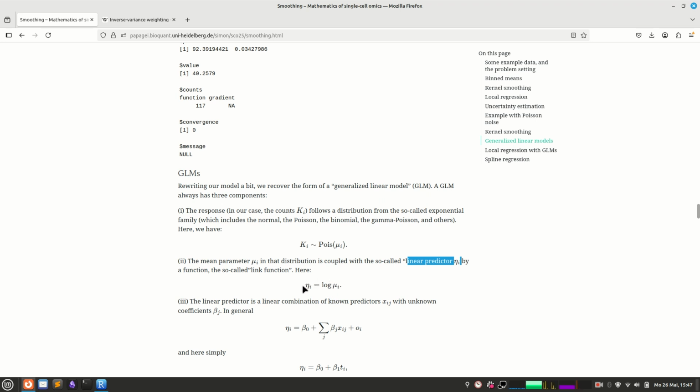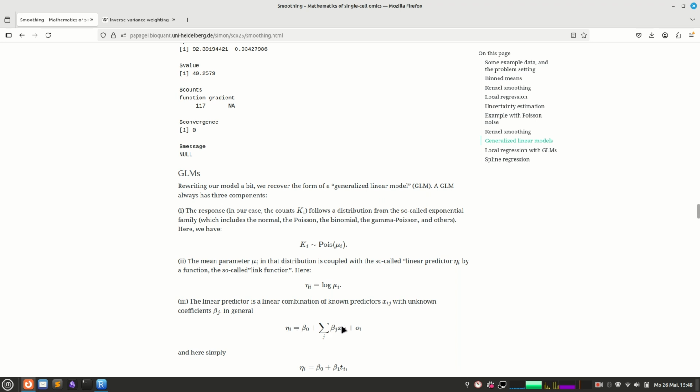That's why we call this a log link. And third, the linear predictor eta is a linear combination of known predictors x_ij. So you do your usual regression where you predict some value eta, which has an intercept plus a linear combination of coefficients times some data points.